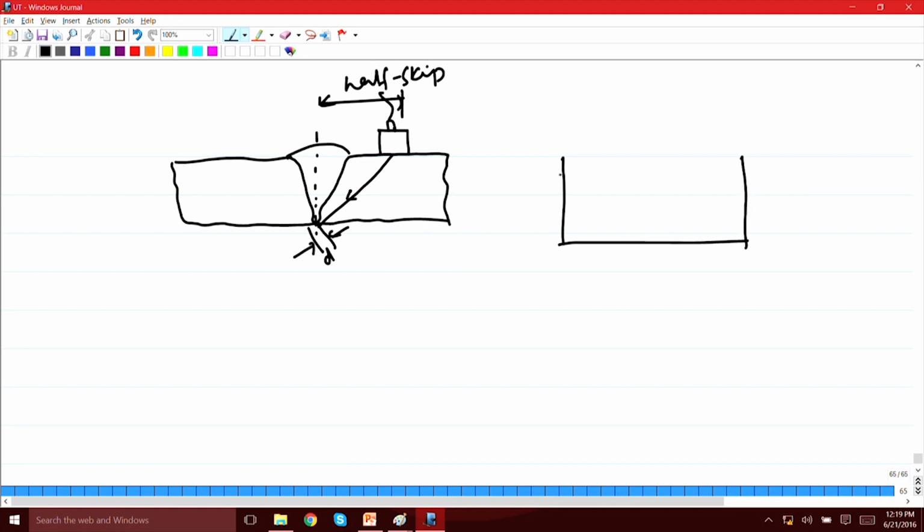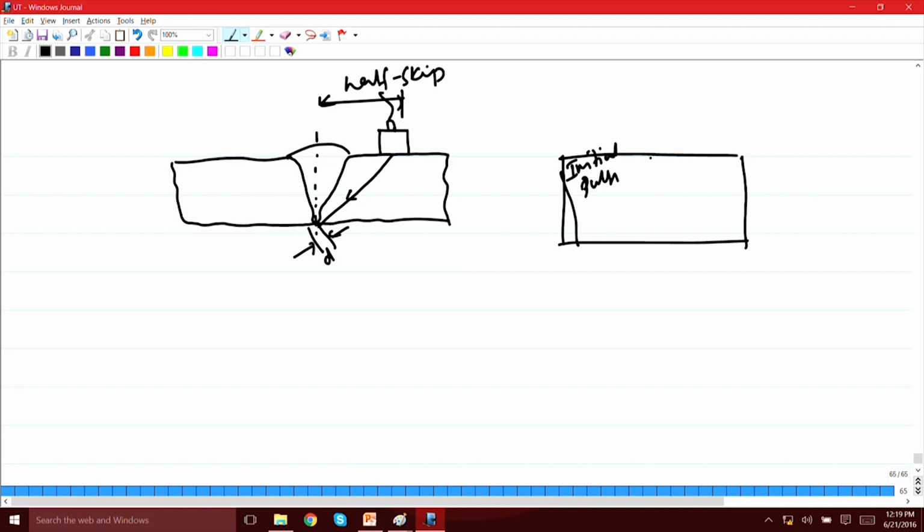So here also the first thing that you see is the initial pulse, and then you will have the half skip distance.